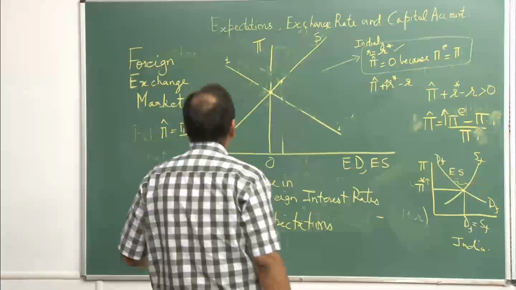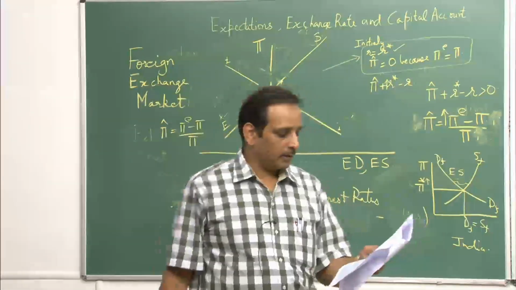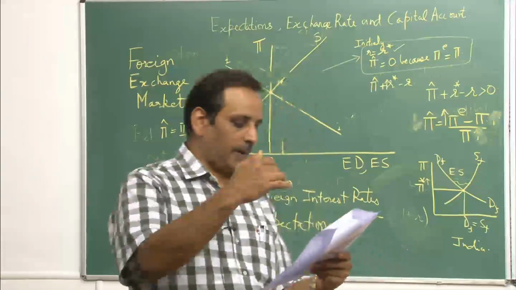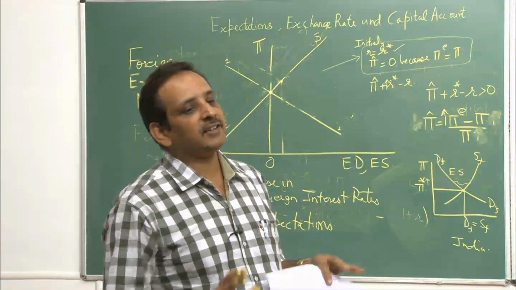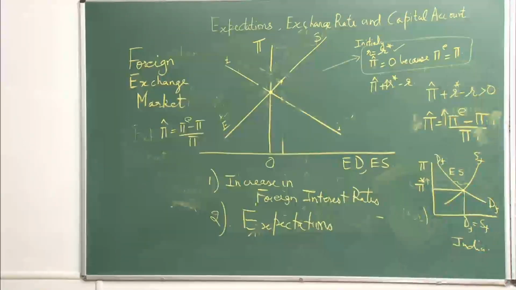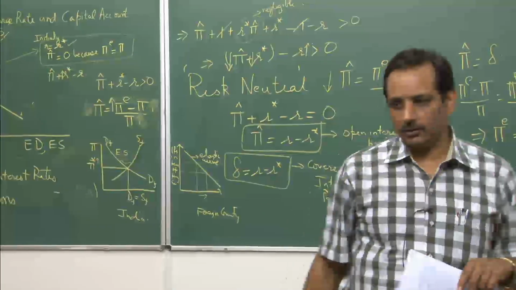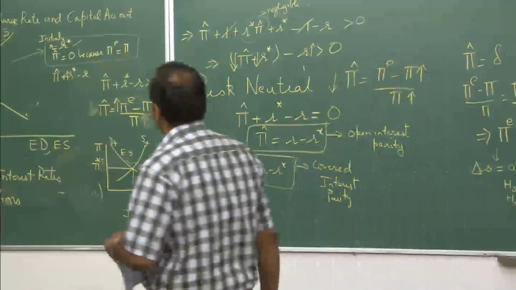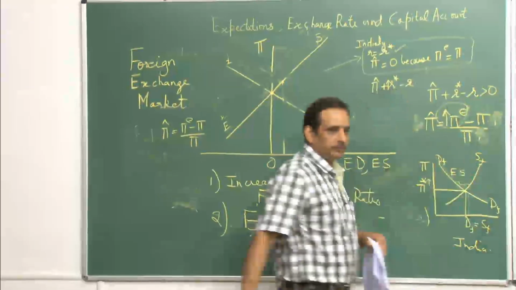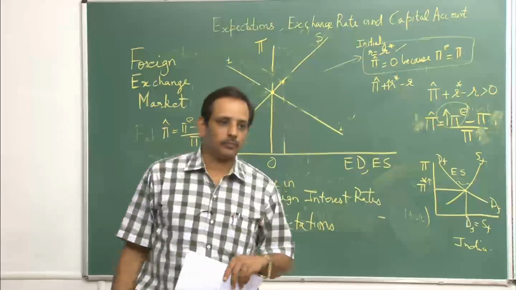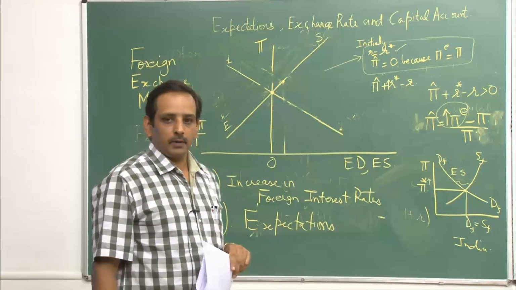That is like saying that your ES curve shifts up to E star S star. So, you anticipate, you expect that the ES curve will shift up. That is, in other words, you expect this pi e to go up. Okay.